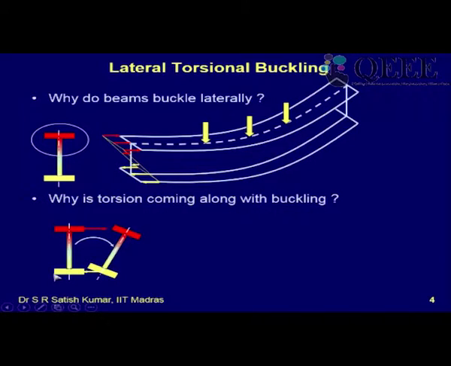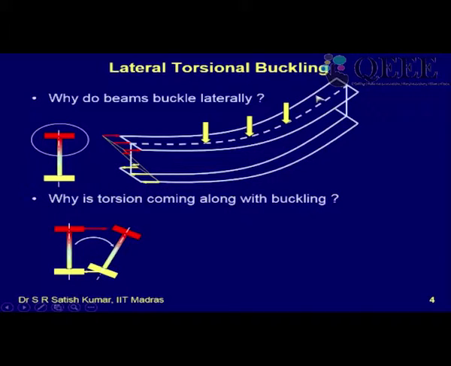So this lower part resists the lateral buckling. As a consequence, the upper part wants to move to the right side, but the lower part wants to remain in that position. So a consequence of this effect will be that the cross section will twist at the midspan, right? Wherever it's possible for it to twist, it will try to twist.